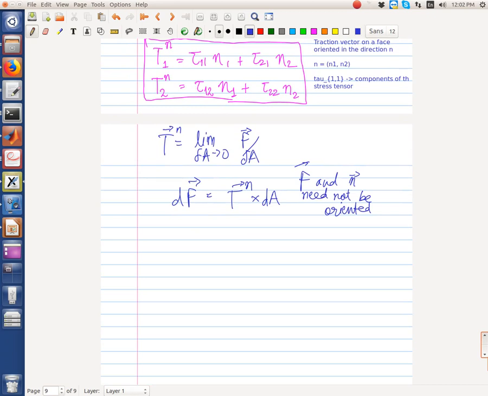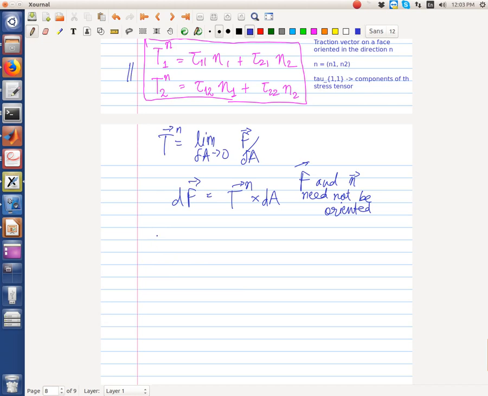Okay, so let's see how we can do a small example. Before doing this example, let's just see how we can represent this equation in a matrix form.